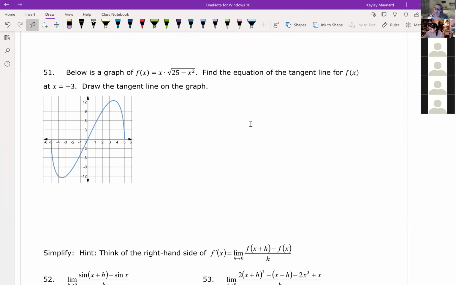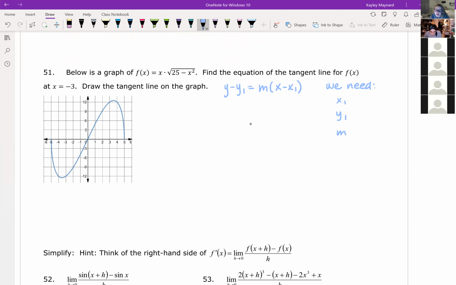So remember that we need 3 things when we are doing equation of tangent line. So we start with point slope form, which is y minus y1 equals m times x minus x1. And we need 3 things here. We need x1, y1, and m, but you will always be given x.